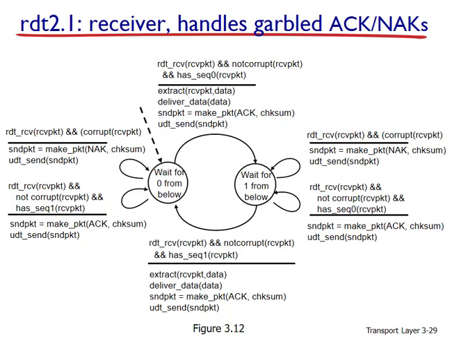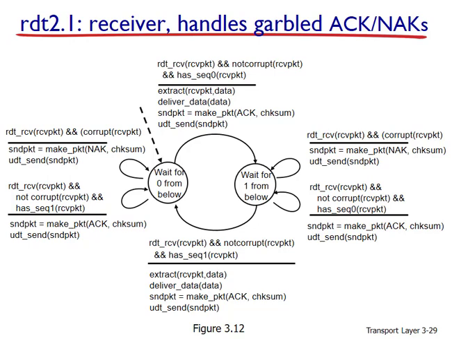And then we further discovered that not only did we have the potential problem of the segment being corrupted, but the acknowledgement and the negative acknowledgement might possibly be corrupted. And so we talked about a number of different scenarios to deal with that situation.